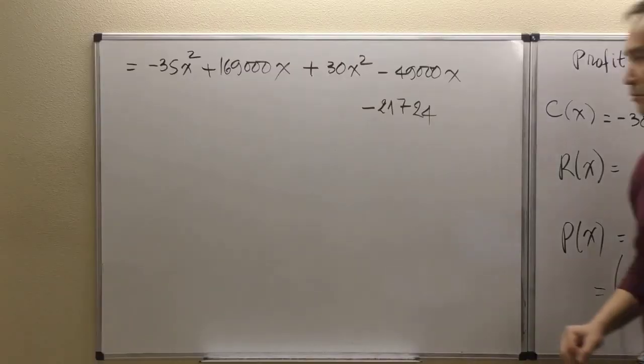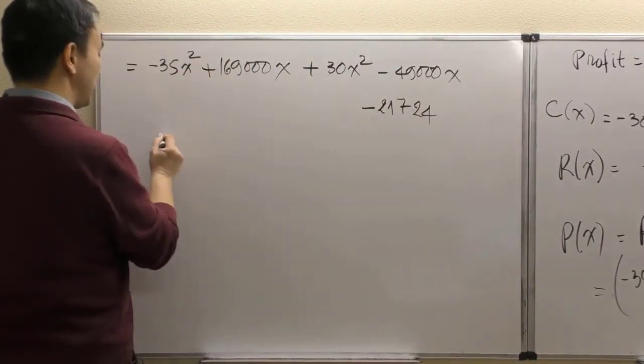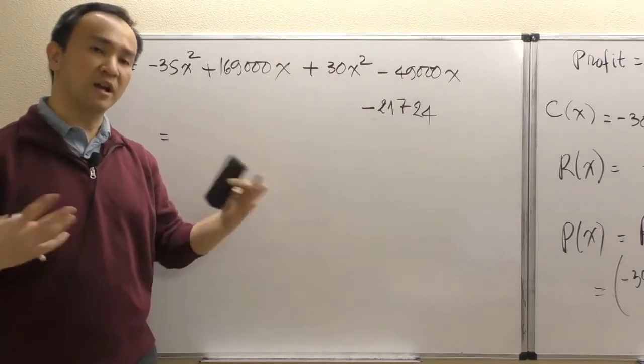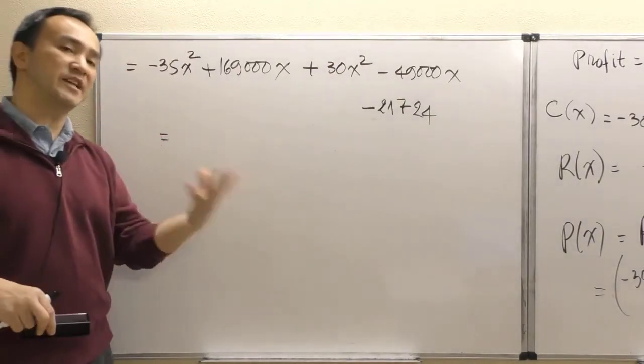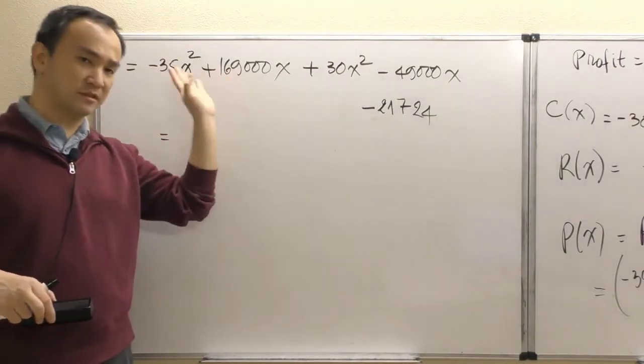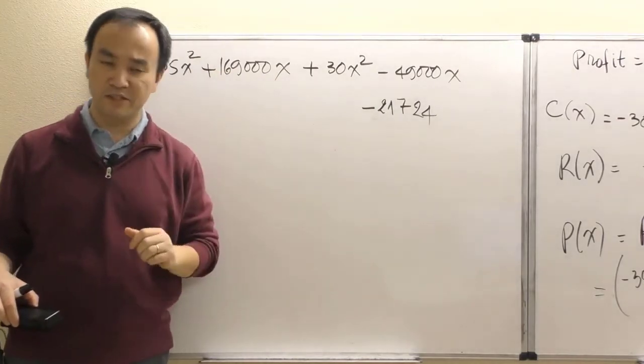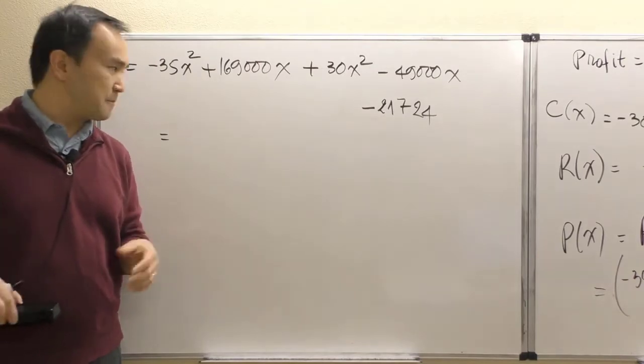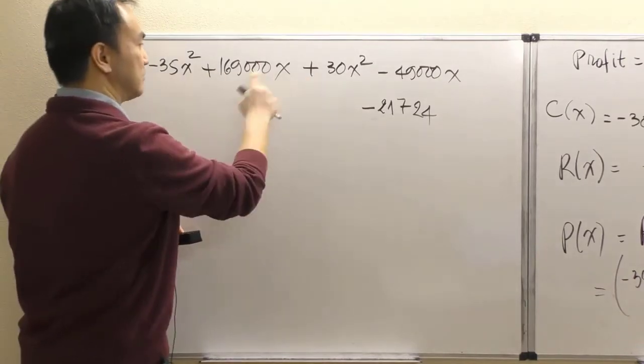So now we're going to combine like terms. This is already our profits function, but we want to algebraically simplify it a little further by combining like terms, the last thing we can do to make our final function a little shorter. Okay, so these two are like terms, those two are like terms.